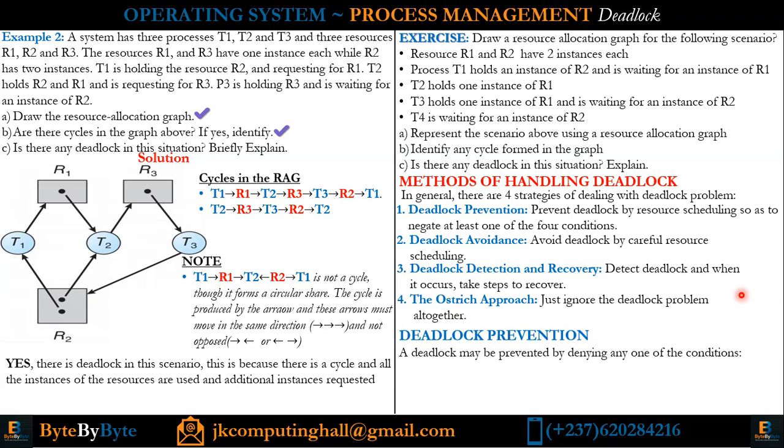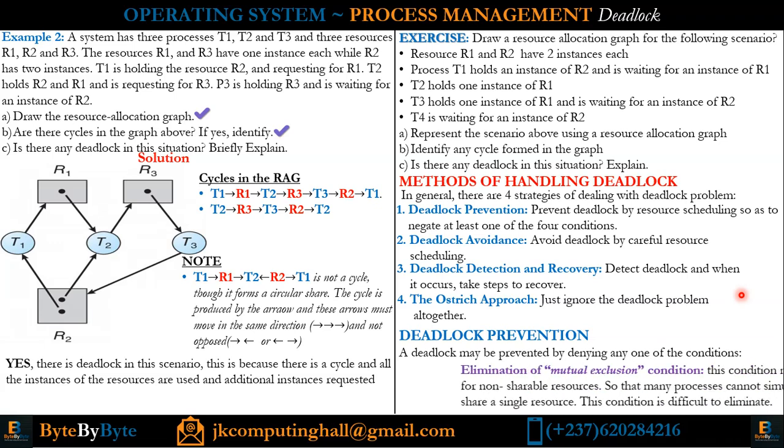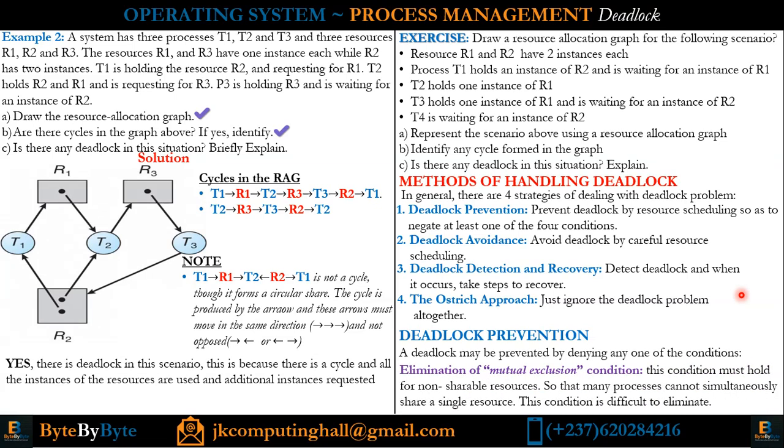Deadlock prevention. A deadlock may be prevented by denying any one of the conditions. One, we should eliminate the mutual exclusion condition. This condition must hold for non-shareable resources so that many processes cannot simultaneously share a single resource. This condition is very difficult to eliminate.